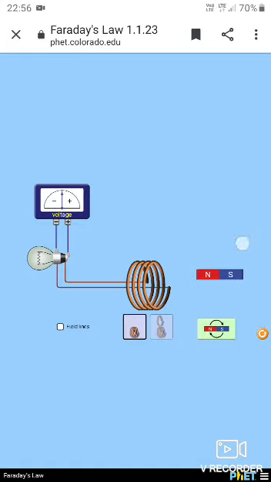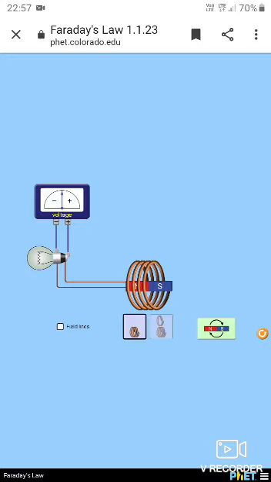As I have said earlier, the magnet is surrounded by a magnetic field. Now, what I'll do is, instead of moving the magnet, I'll keep the magnet just inside the coil and I won't move it again. That means I'll keep this magnet as a stationary object inside the coil. Do you observe any change in the bulb as well as the galvanometer? You can observe the bulb doesn't glow and the galvanometer is not showing any deflection.